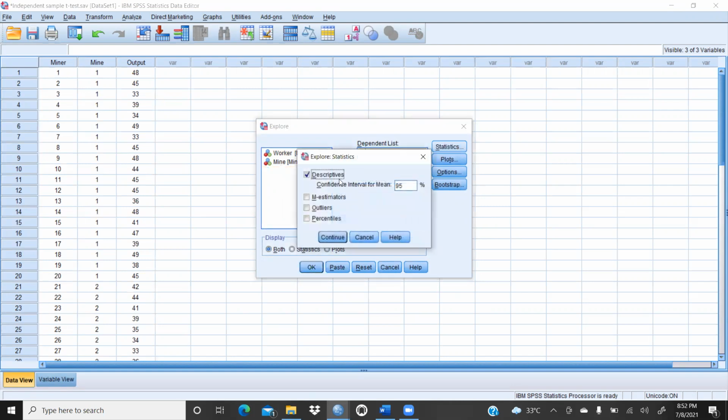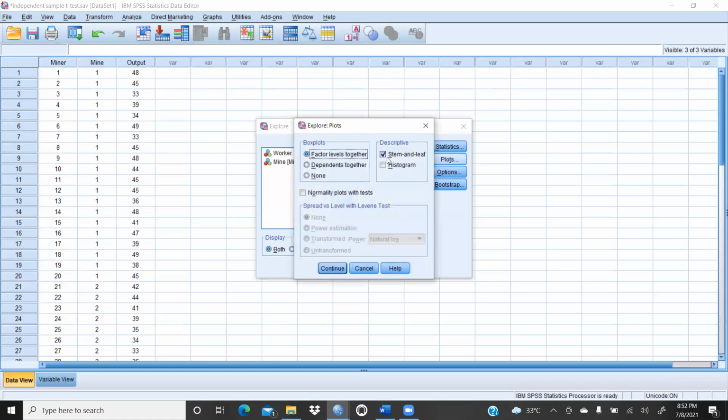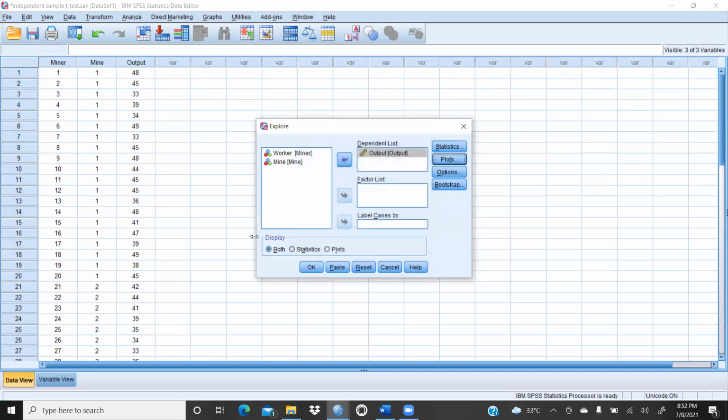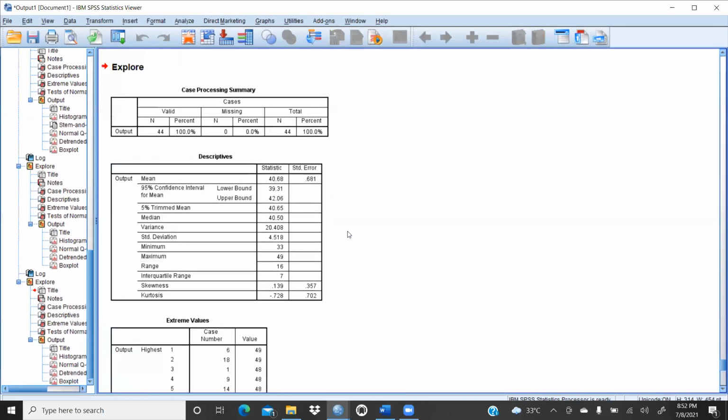In Statistics, we select descriptives and also outliers, then continue. In Plots, no stem and leaf, but histogram and normality plots with tests, then continue. We have to check that both boxes are clicked, because we require statistics output as well as plots. Then we press OK, and this is our output.